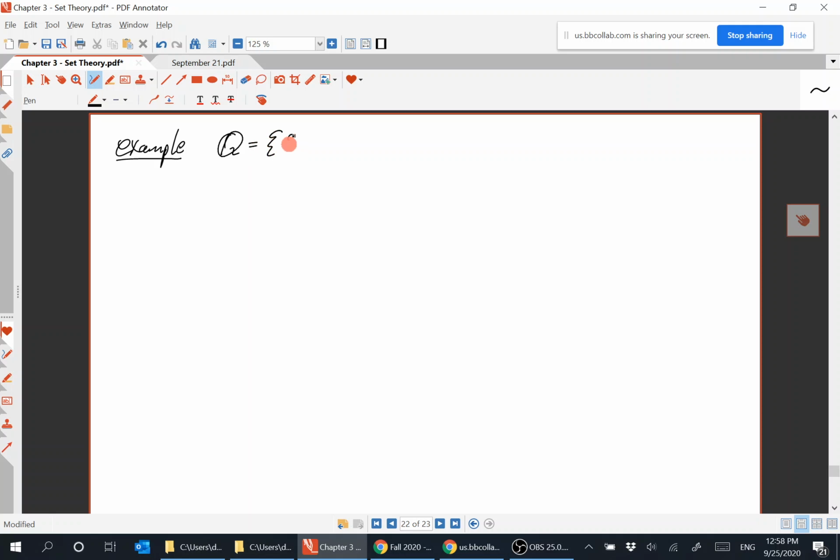The set of all a over b such that a is in Z and b is in Z and b is not equal to 0. Is this one countable? Is or is not, do you think?